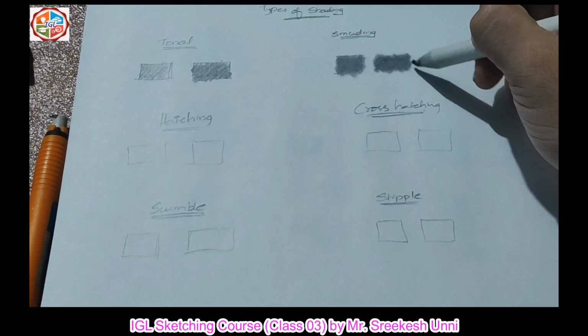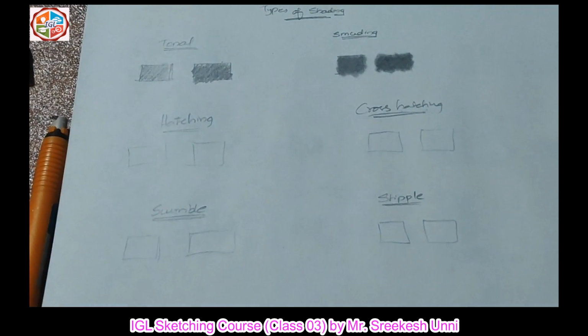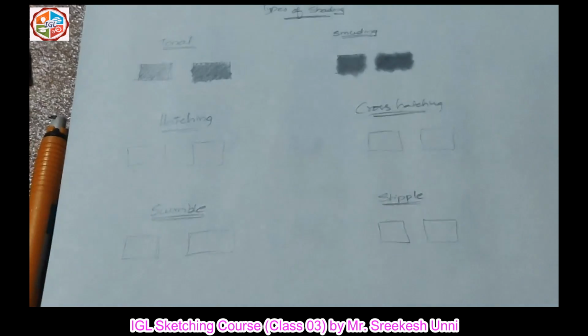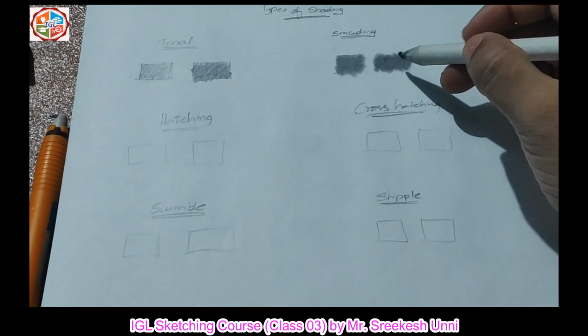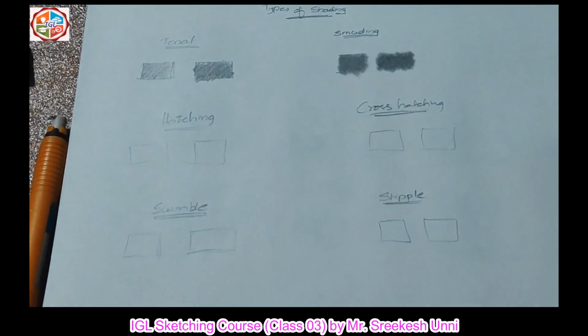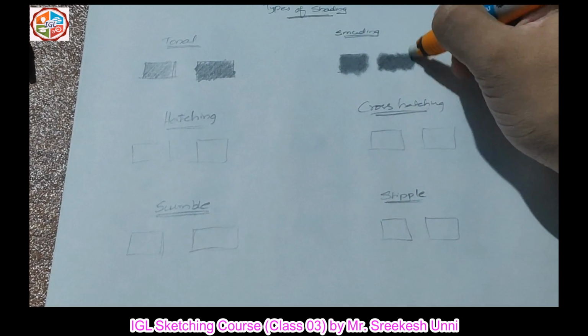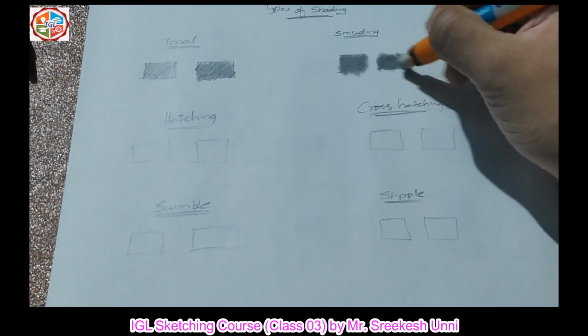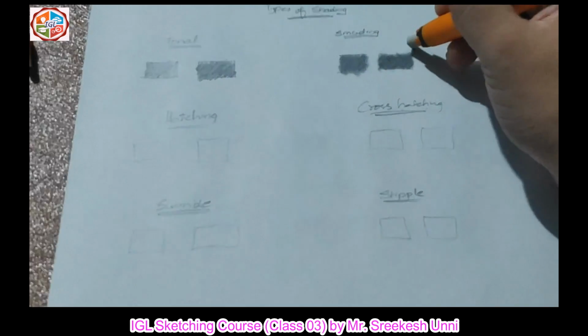See, you are likely to cross the border and do the spreading. So what I do is after shading, I just erase off if it has crossed the borders and then just make it perfect. But it would be better if you stay inside the border.